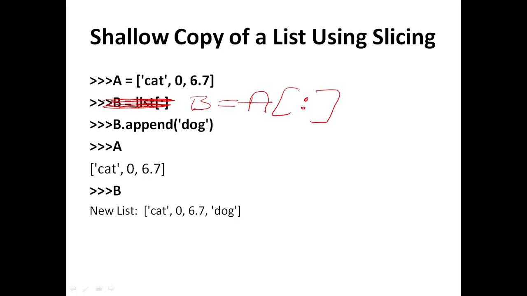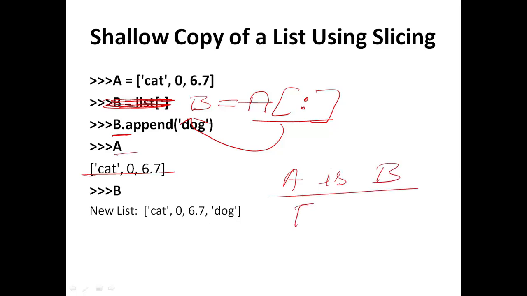This will assign all the elements of this list to variable b, and it will also become a list. So if I update this list b, then the old list a will not get updated. You can also check this using the is operator, where a is b will give us the answer false, because a and b are two different objects, because it is an example of shallow copying.